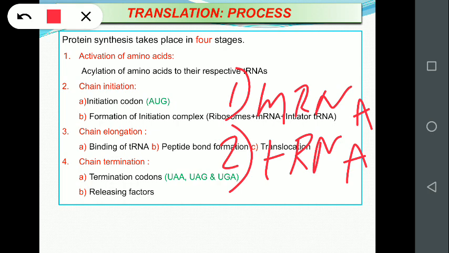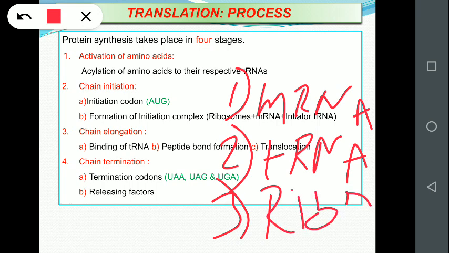And the third one is of course the ribosomes. We looked at the structure of ribosomes in the previous class. In prokaryotes we have 70S ribosomes, and the ribosome is the protein factory where the remaining molecules like mRNA and tRNA come and bind to the ribosome.